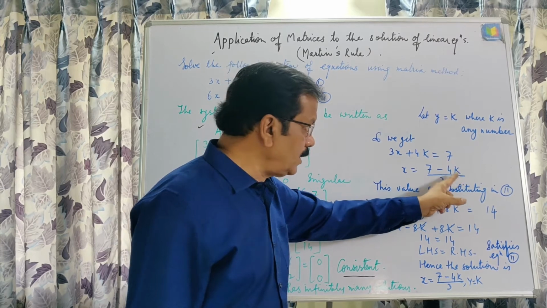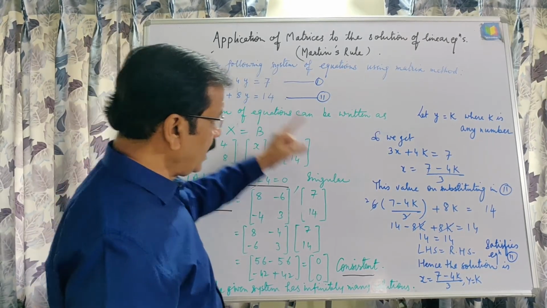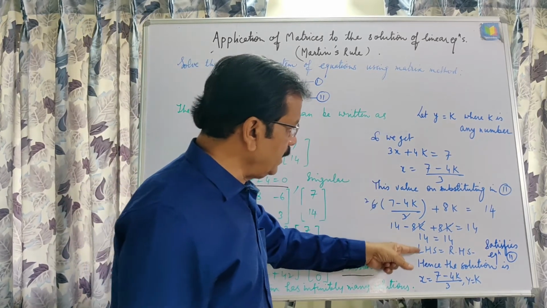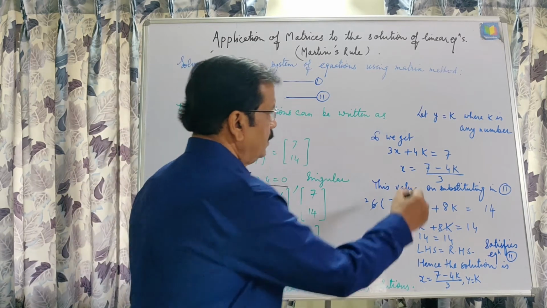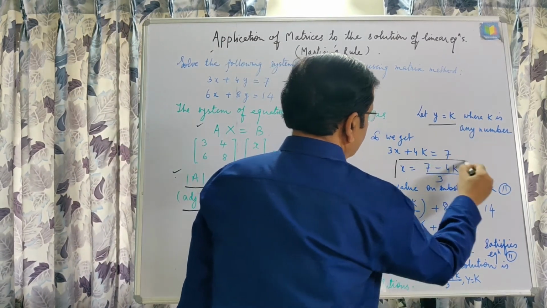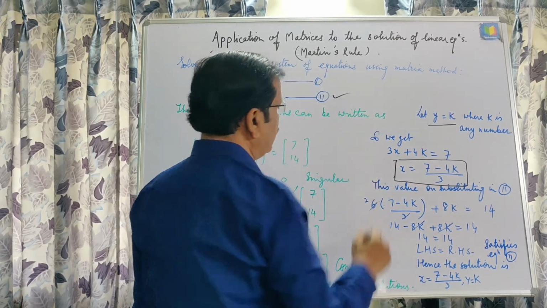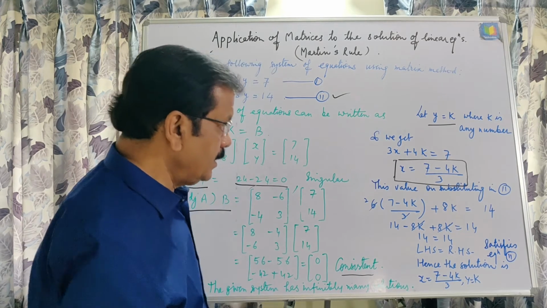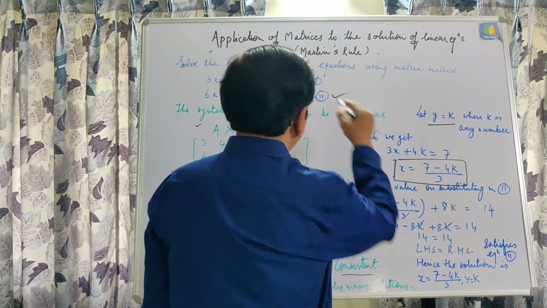Then substitute this value in the second equation, and we can see that left hand side is equal to right hand side, and that is why y is equal to k and x is equal to 7 minus 4k upon 3 satisfies the second equation, and that is why this is the solution of the given system of equations.